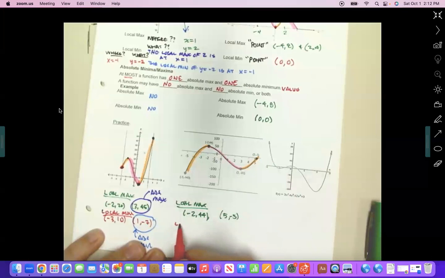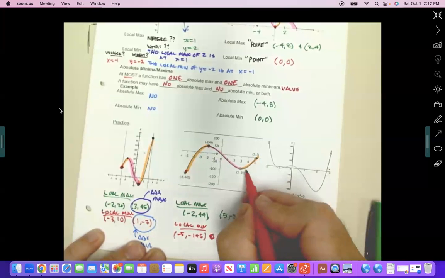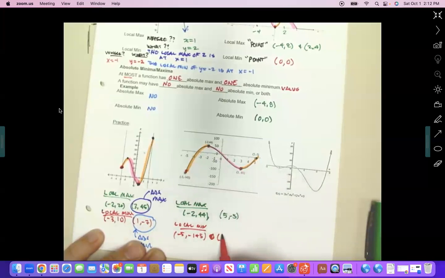The local min occurs here at (-5, -145), and over here at (3, -8).